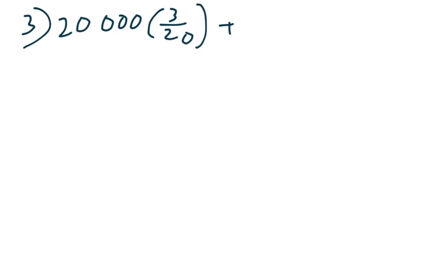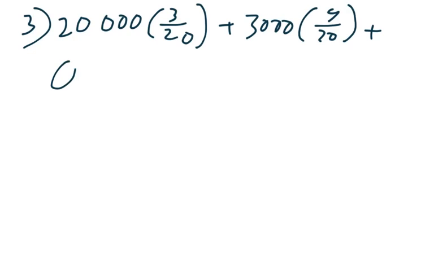For problem number 3, we're looking for the expected profit, which means we're looking for the mean. And so I make $20,000 3 out of 20, 3/20 of the time. I make 3,000 9/20 of the time. Break even means I don't make anything and I don't lose anything, which is 5 out of 20.